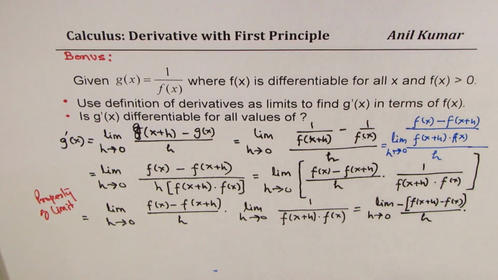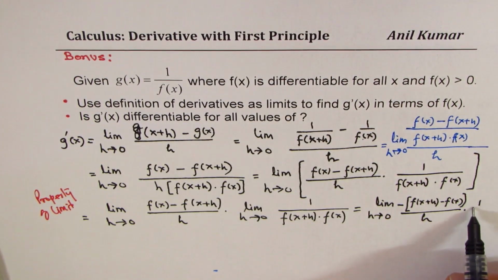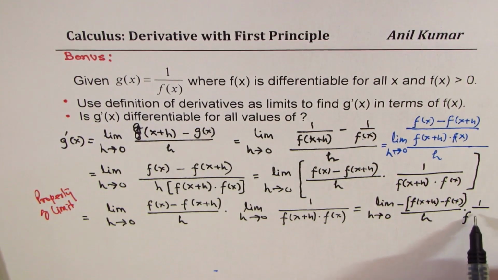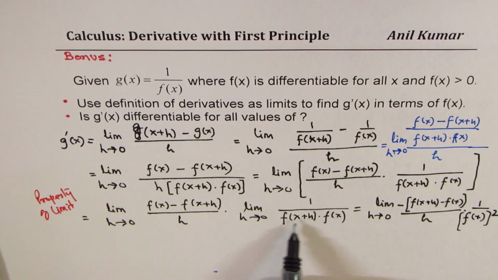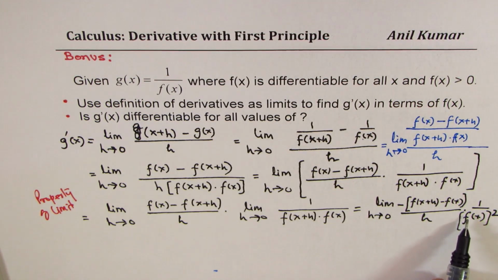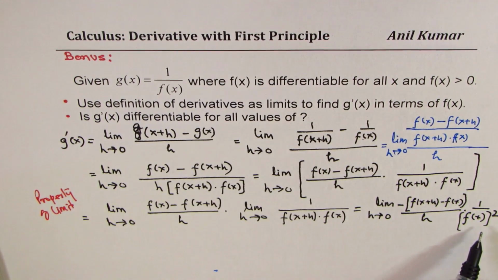Is it okay? Times, now here, if I put h equals 0, I get 1 over f of x whole square. This gets multiplied. Is that okay? So that is how it is. For the limit of this, we can substitute 0 here and get that.